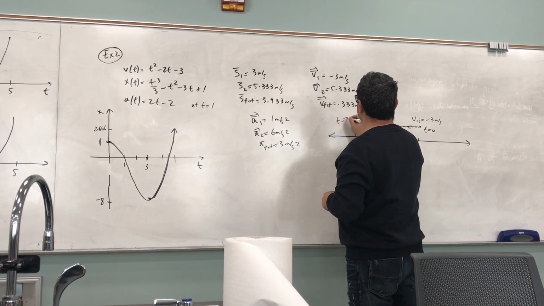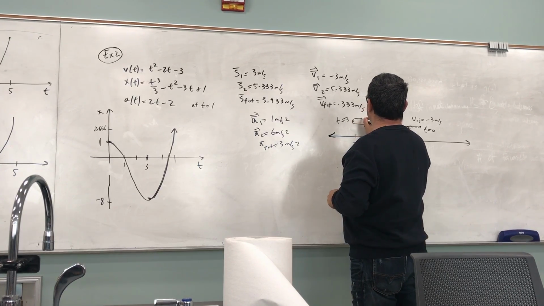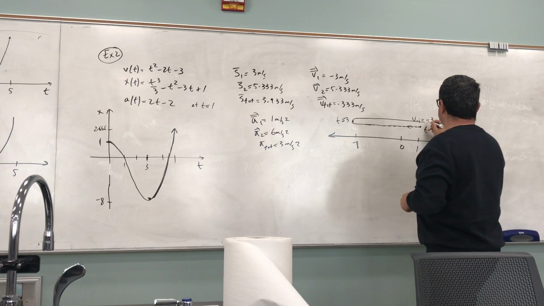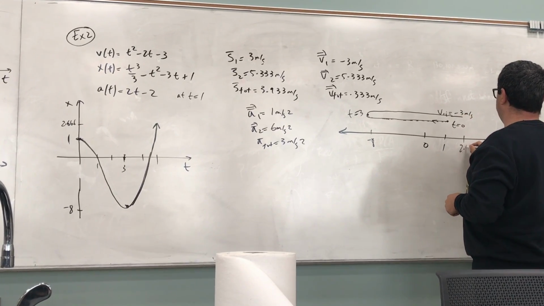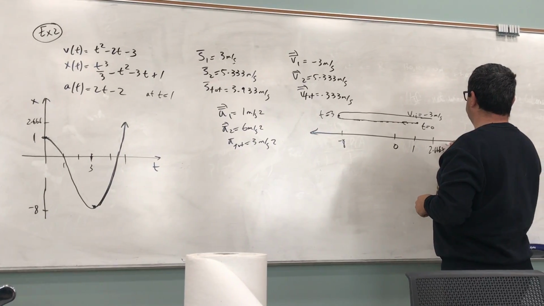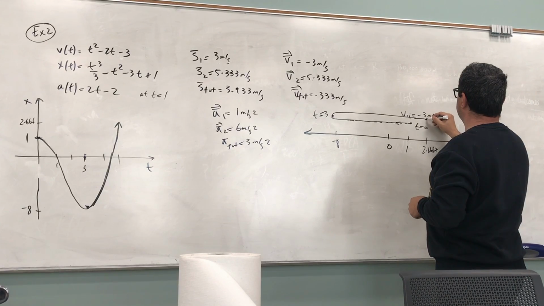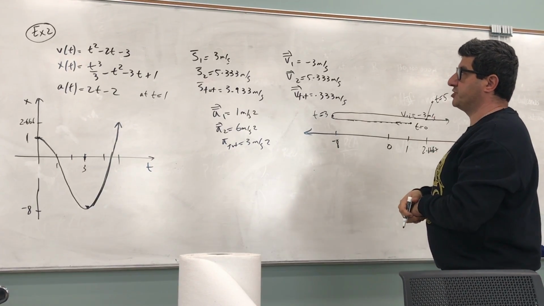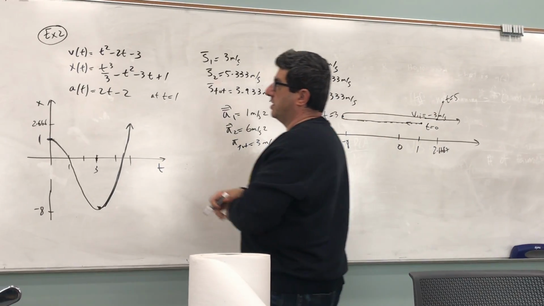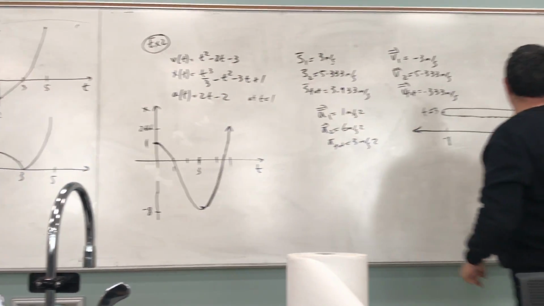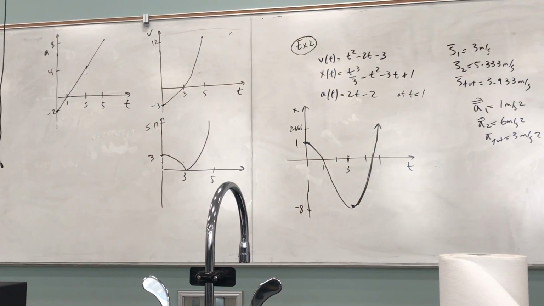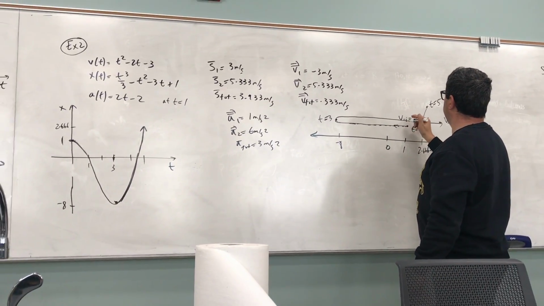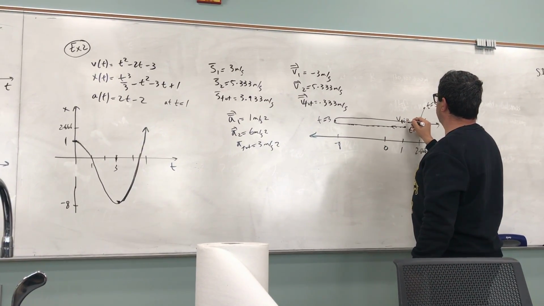Then it goes like that, and by t equals 5 seconds, it gets to 2.667. The final velocity of the object was 12 meters per second, V final stage 2. V initial stage 1 was -3.